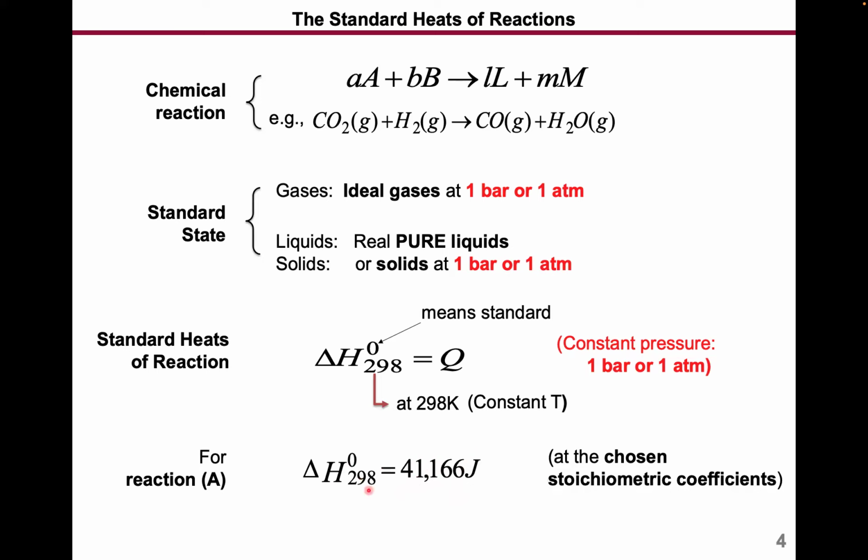And then this heat of reaction will depend on the chosen stoichiometry coefficients, right? Now, instead of writing this reaction as 1, 1, 1, 1, you can also write it as 2, 2, 2, 2. Then you need to double that heat of reaction, okay?